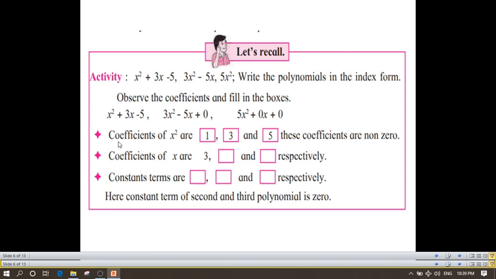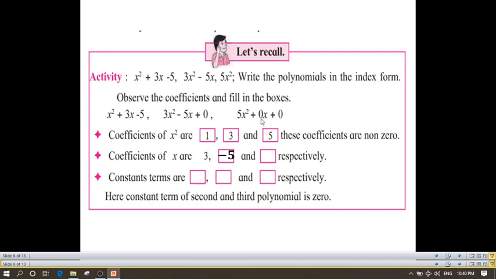Now coefficients of x square in these polynomials respectively are 1, 3 and 5. See, these coefficients are non-zero. Now consider the coefficients of x. In the first polynomial, coefficient of x is 3. Now in the second polynomial, coefficient of x is minus 5.